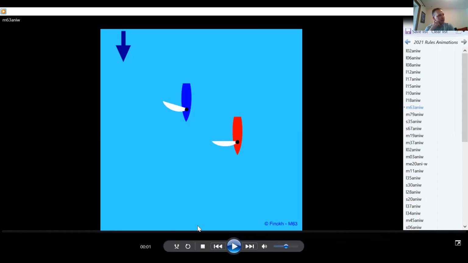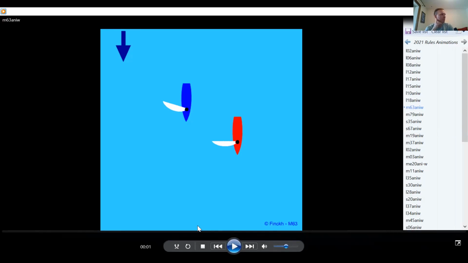Then technically, blue would have the right to sail over to that puff, although it puts blue in a difficult spot. Red could say, no, that's not the fastest way, and it creates more potential for a conflict and a protest situation. So blue's better off sailing behind red over to that puff than forcing red over.